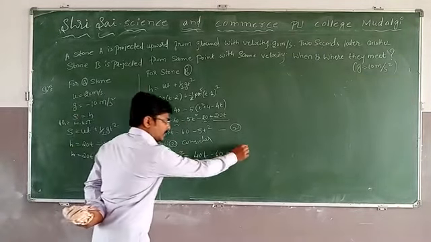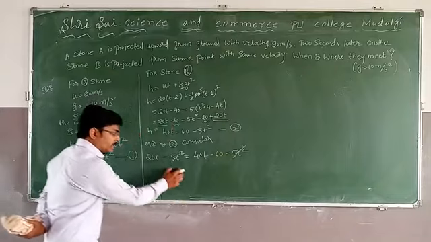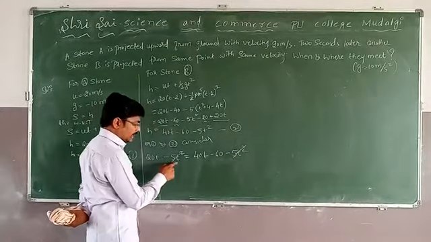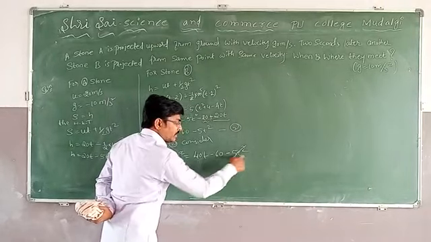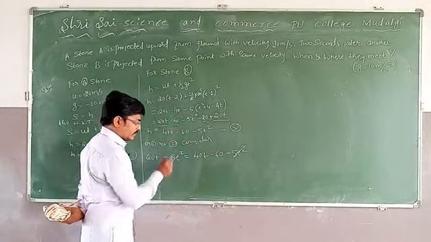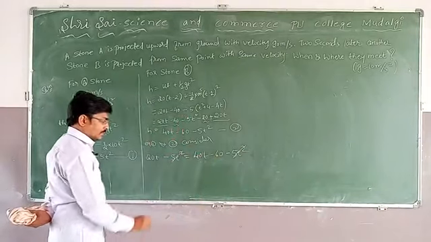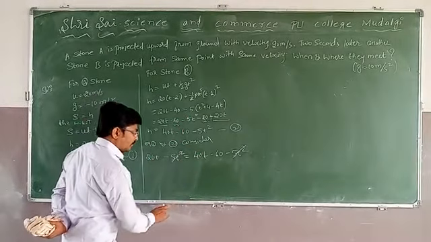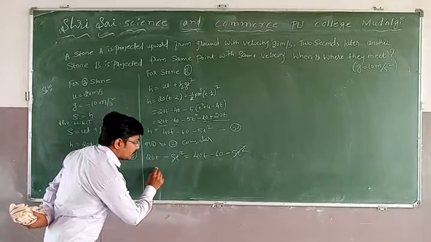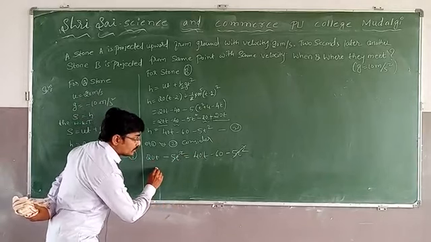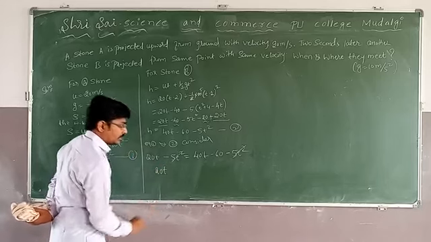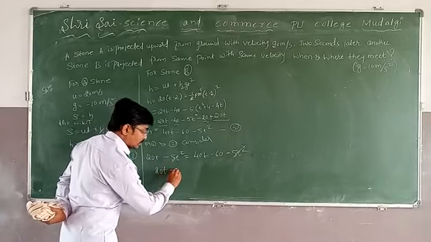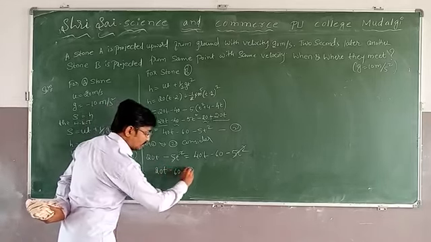This one and this one cancel, because if I bring this side, minus 5t square becomes plus 5t square, and minus 5t square cancels. Therefore I cancelled it. Again 20t minus 60 equal to 0.